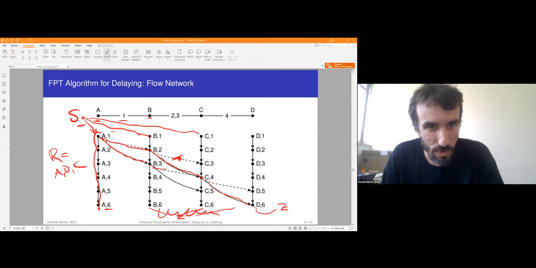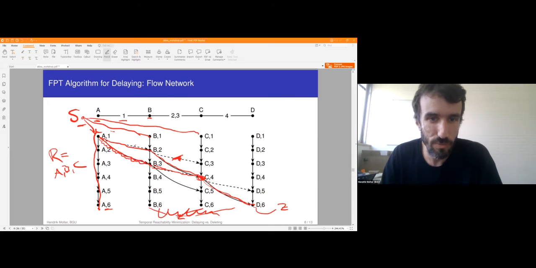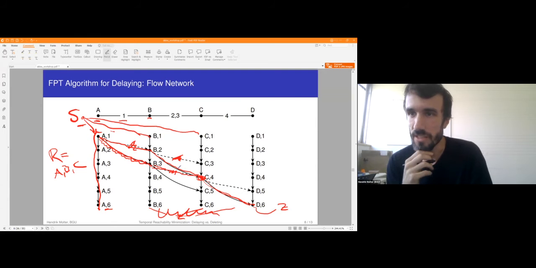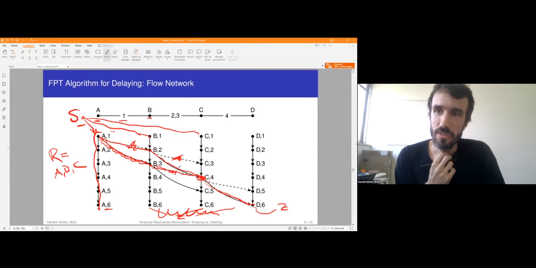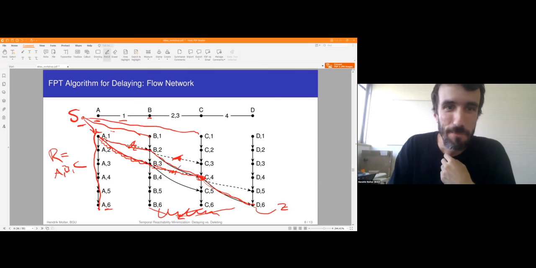And we can send infinite flow across this edge, but we can only send 1 further unit, which arrives early enough at this vertex C, such that it can continue to the sink. And this tells us that if we delay 2 edges, which in this case would be this one here and this one here, then no flow can arrive at Z anymore. So I hope that kind of makes sense.